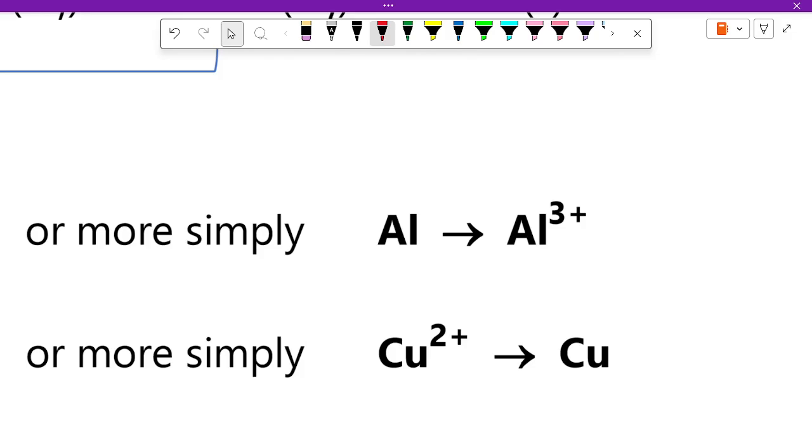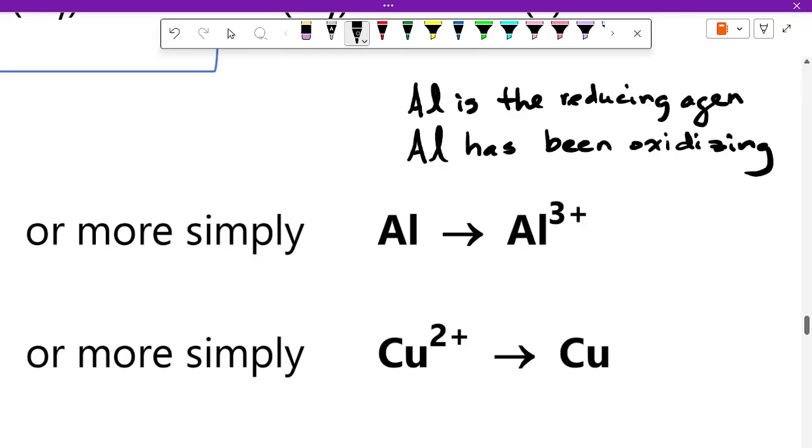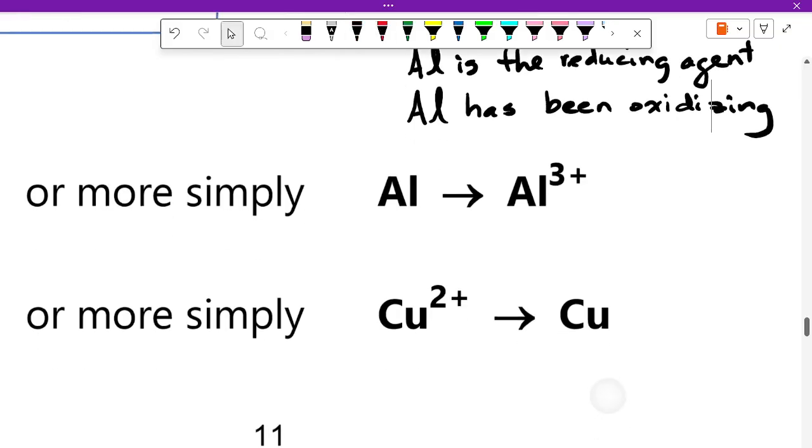And at that point, you can say that aluminum has been oxidized. Is it the oxidizing agent or the reducing agent? Al is the reducing agent. Copper, on the other hand, went from positive to 0.